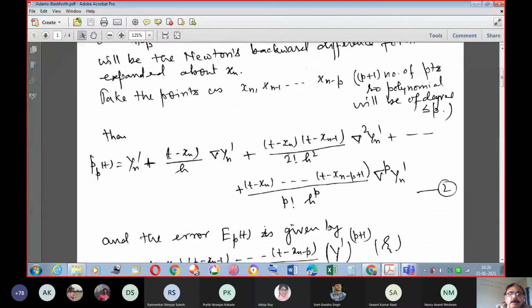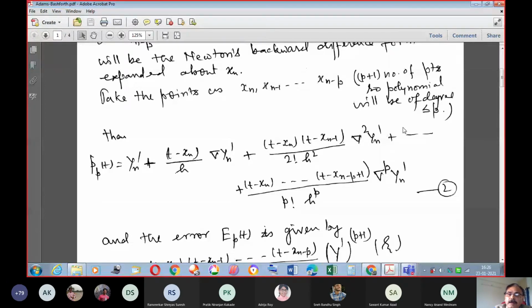So the backward formula is written as (t minus x_n) by h times del y_n prime, because the function is y prime, not f, so I'm not writing f. Then (t minus x_n)(t minus x_{n-1}) divided by 2 factorial times h square, times del square of y_n prime, and like that.